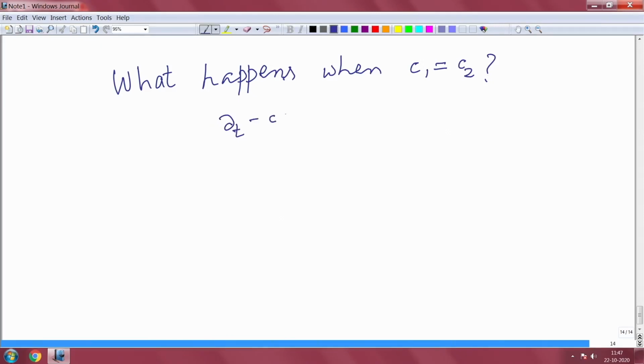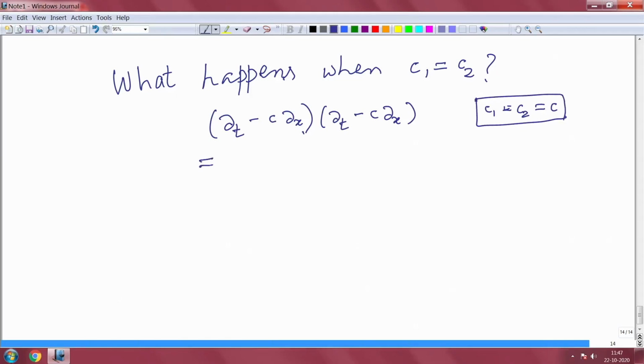So, that is the operator, del t minus C del x, whole squared. So, C1 equal to C2 equal to C, I am putting it as C. This is also a second order operator.